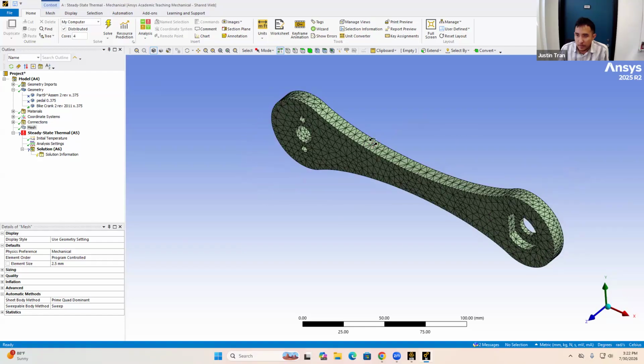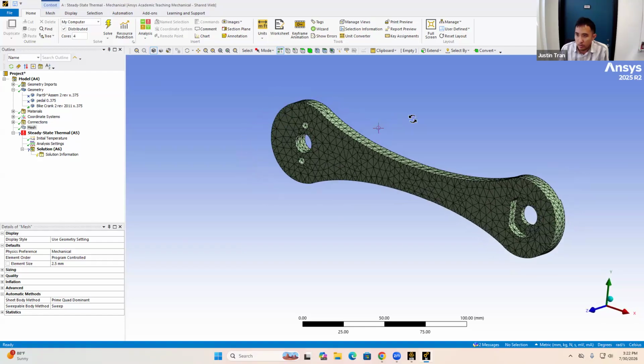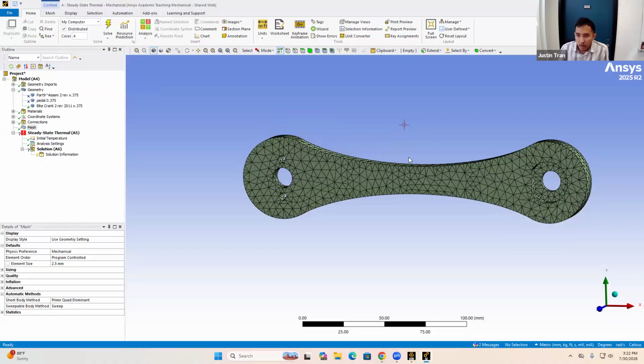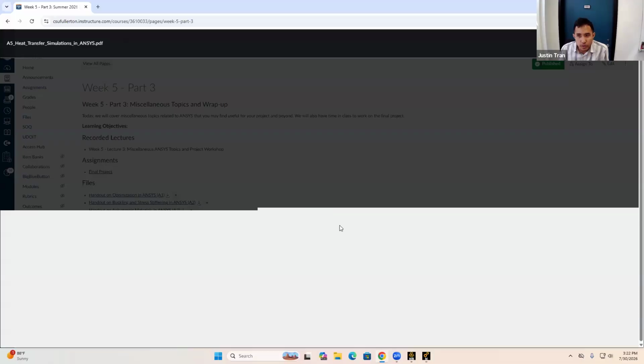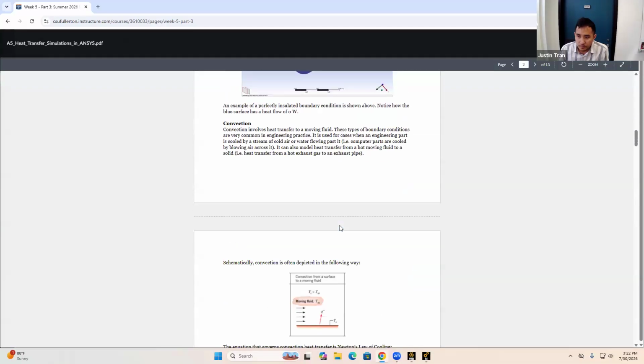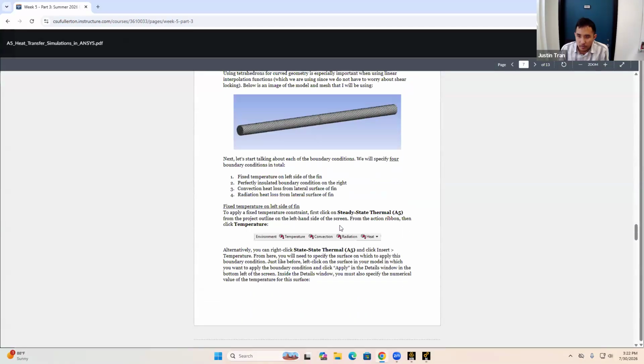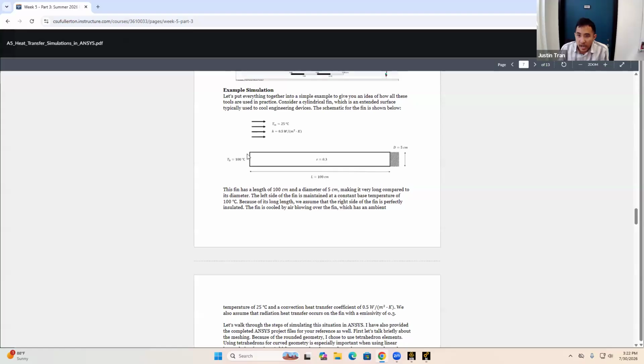Okay. So let's demonstrate how to set up a thermal simulation. Even though it's not exactly what the example is here, I think it's close enough to a cylinder. So if you look at our example here, we have a fixed temperature boundary condition on one side, an insulated boundary condition on the other side, and then we also have convection going across the outside as well as radiation.